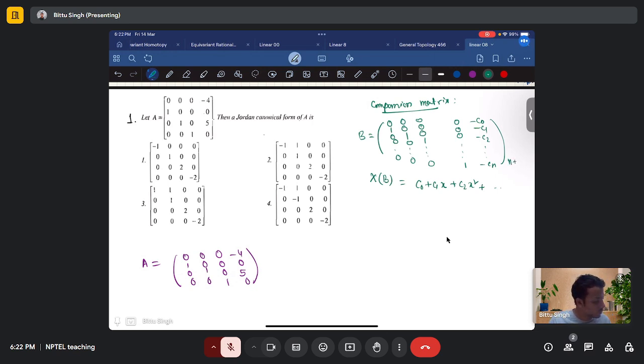It is an n plus 1 by n plus 1 matrix, right? So it will end at Cn x to the power n plus x to the power n plus 1.